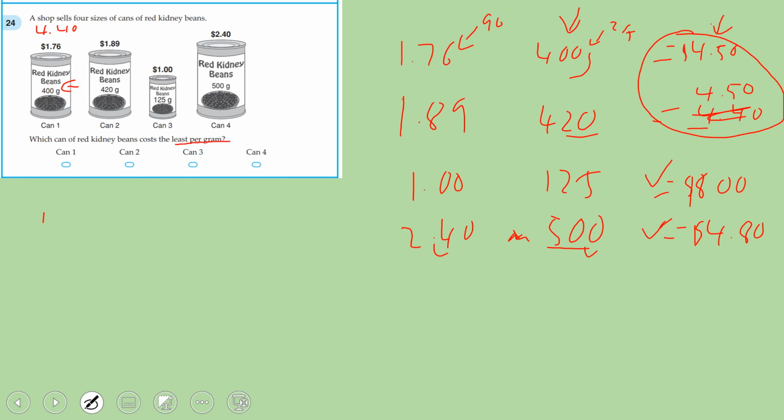So you literally could have done 176 divided by 400 and 189 divided by 420. Obviously the answers that this is going to give you, they're going to be decimals. So you need to make sure that you read them properly, and then make sure that when you write down all your answers, that the decimal places all line up. Point under point, I got told, to make sure that you actually get the right answer. Okay? Again, any questions, please ask below.